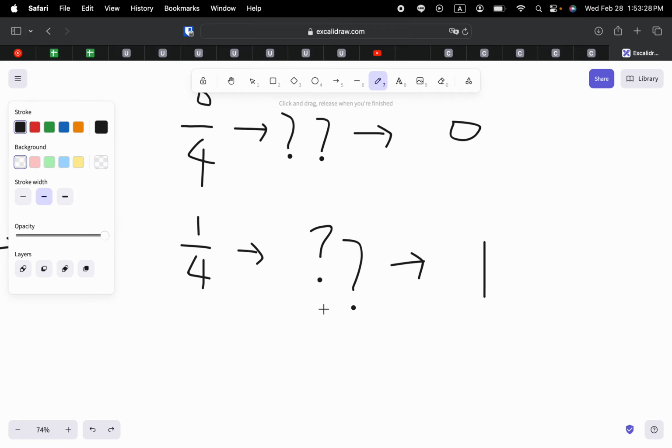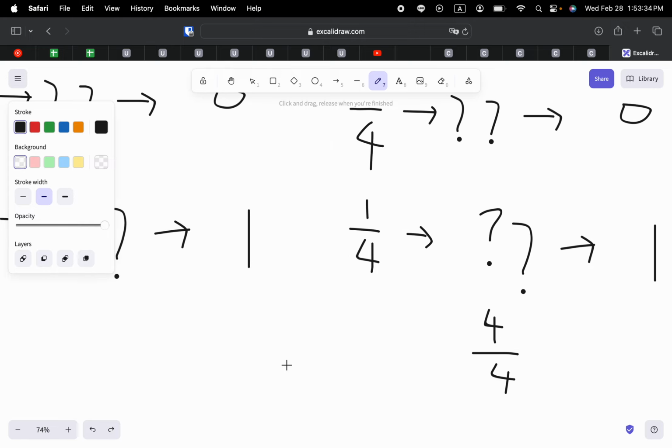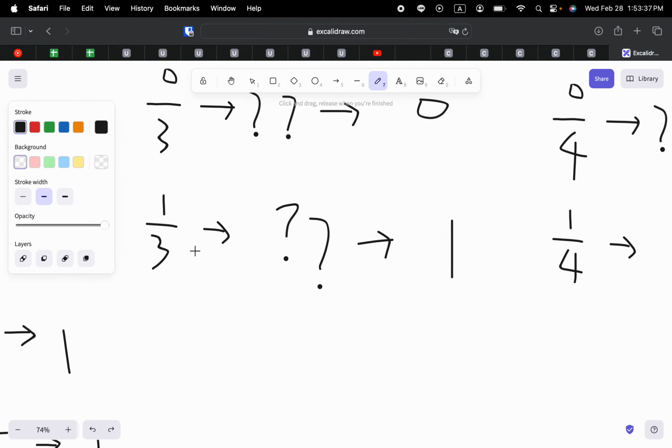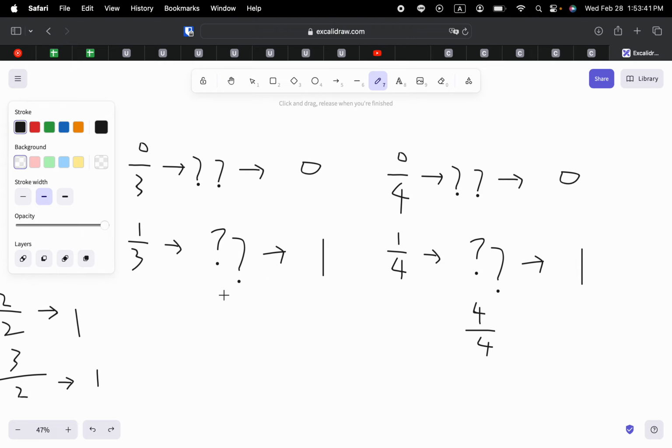That means you want this middle number to be 4 over 4. Same for 1 over 3: the smallest number to get a 1 is 3 over 3.